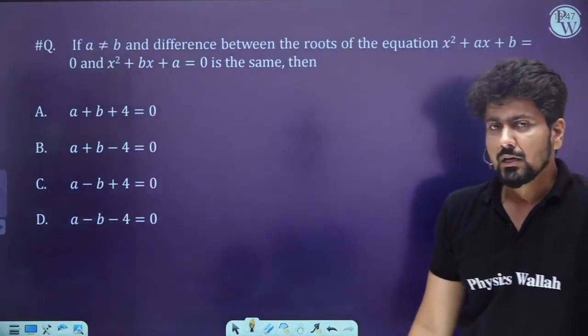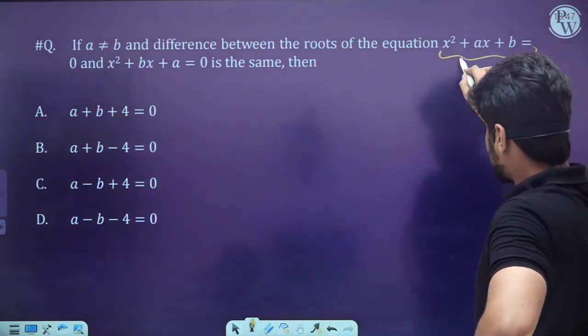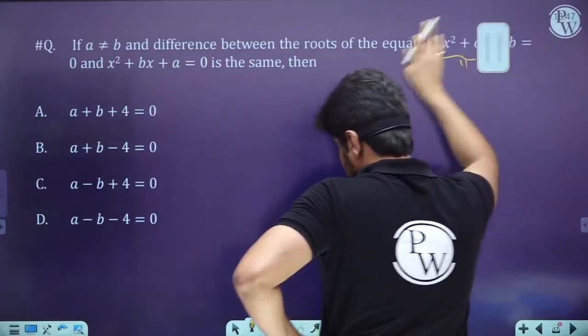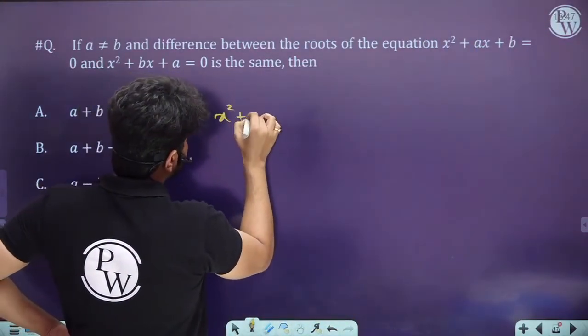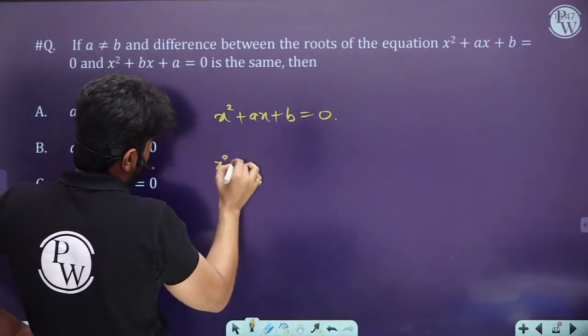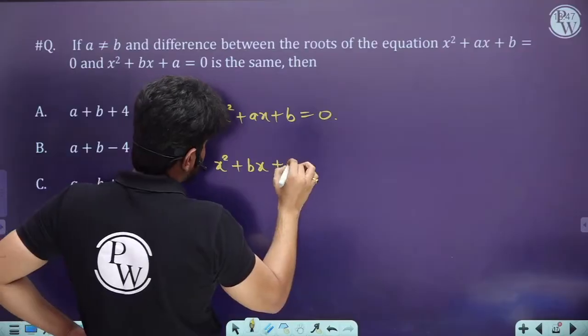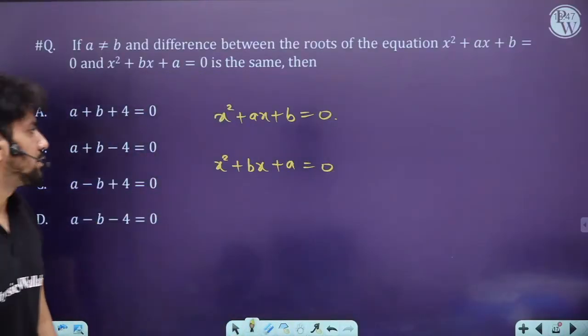This is the question. What is the difference of roots of this equation? There are two equations given. One of the equations is x square plus ax plus b is equal to 0. Another equation is x square plus bx plus a is equal to 0. These are the two equations we have in front of us.